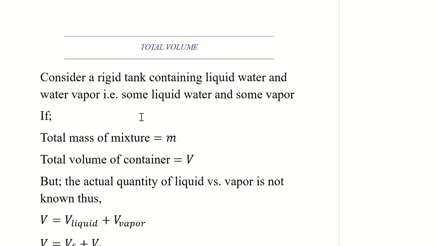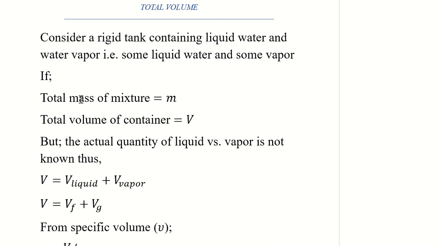To understand this entire derivation, you need to know something called total volume. So consider a rigid tank, or simply an electric kettle, containing liquid water and water vapor, some liquid water and some vapor.